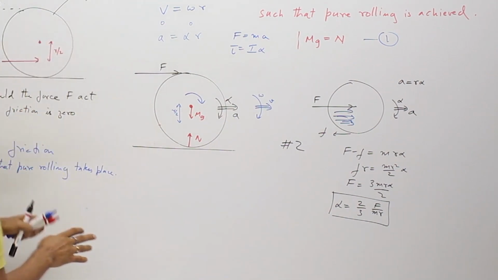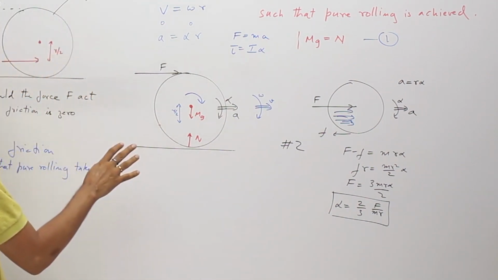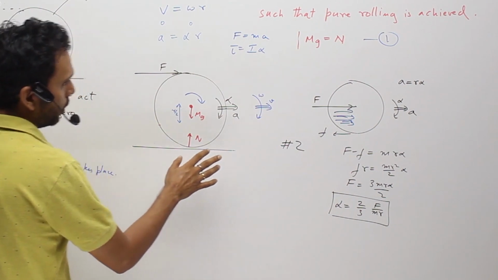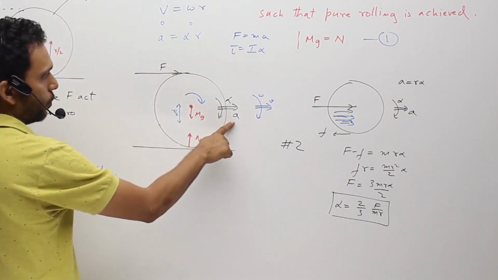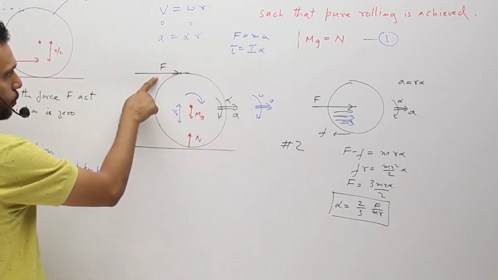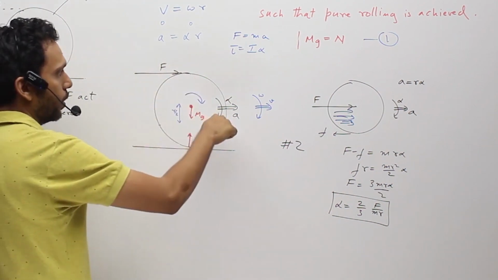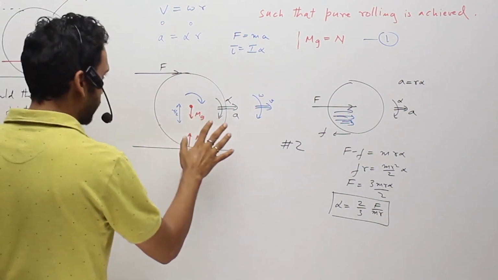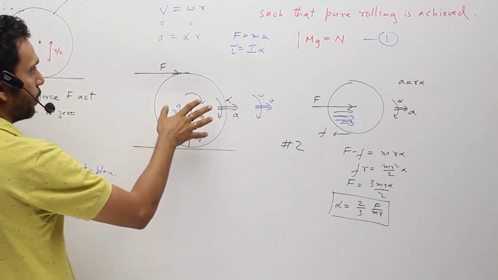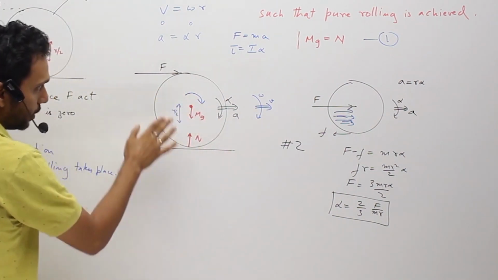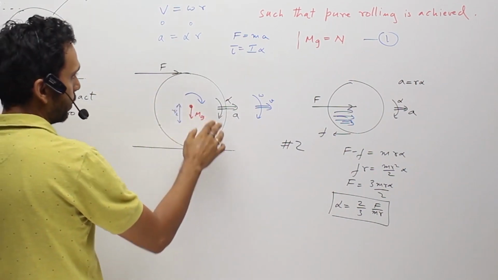So this time you have to be careful with your friction direction. Why? Because your forward force gives you forward acceleration. This force being above the central point gives you a forward alpha. So what we have to see, is it giving enough alpha or more than required alpha? Is it giving more than required alpha or less than required alpha?